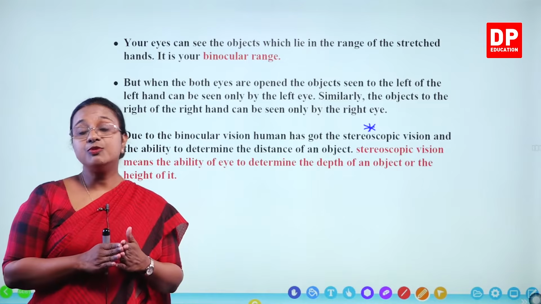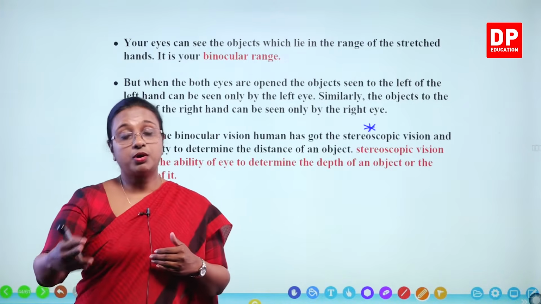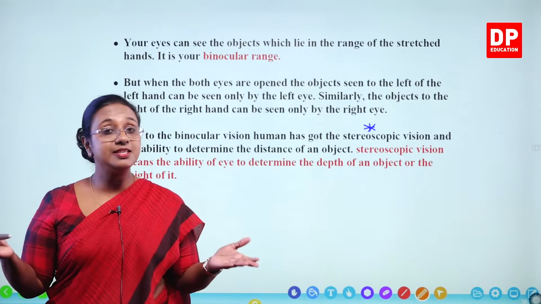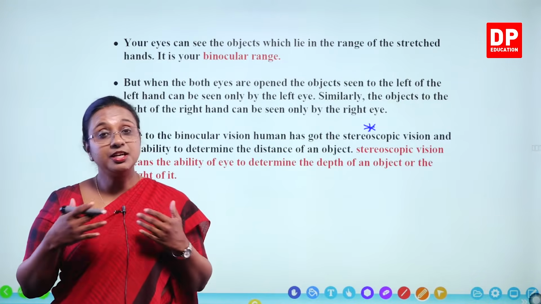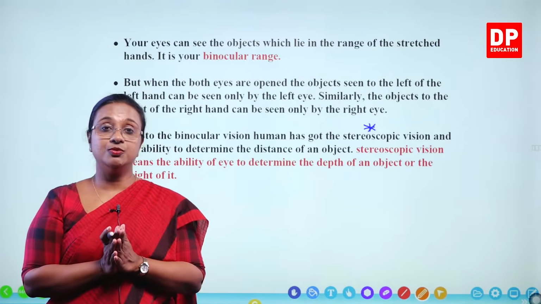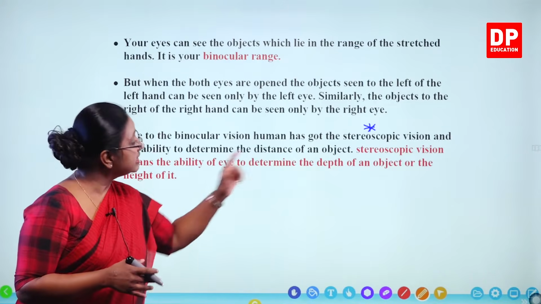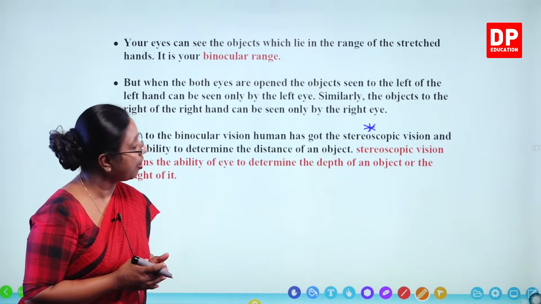This is very, very useful to you all. Because when you try to walk, if you can judge the distance, it's easy. When we write also, when you draw pictures, basically for all the activities we do, it is an advantage being able to determine the distance of an object.